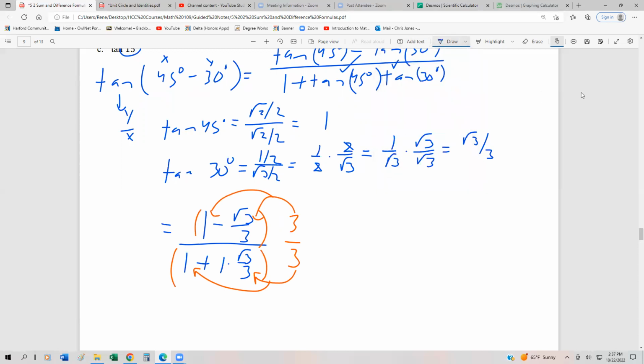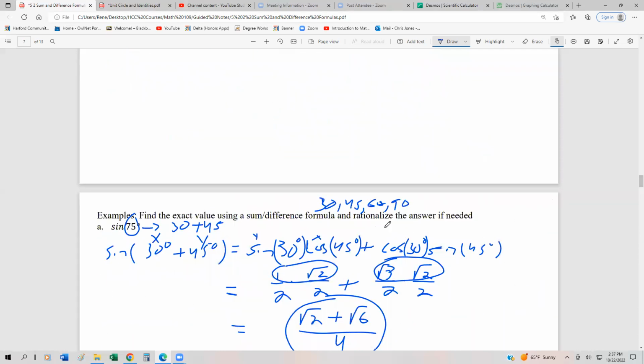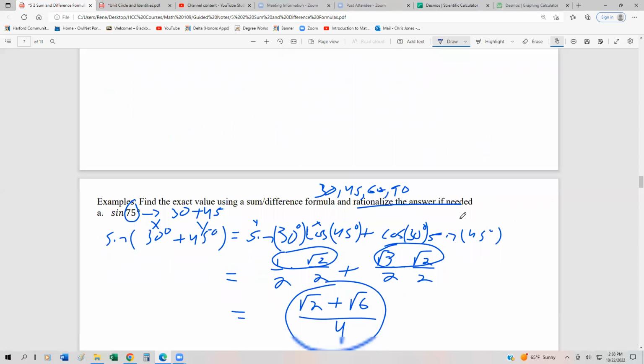Okay, so that's going to turn into, 3 times 1 is 3. Then we have a square root of 3. So we have 3 minus square root of 3, and then we're going to divide that by 3 plus the square root of 3. Now, unfortunately for us, the directions all the way back at the beginning of this problem tell us to rationalize the answer if needed.